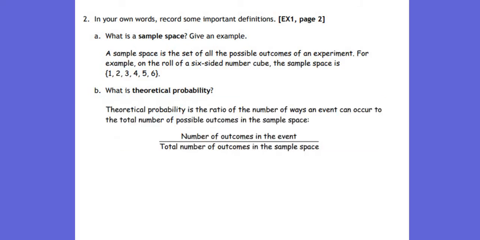So theoretical also has a fraction: the number of outcomes in the event over the total number of outcomes in the sample space. So if I am looking for the theoretical probability of landing on a 5, how many sides has a 5? 1 out of how many total sides? 6. So the theoretical probability of landing on a 5 would be 1/6.